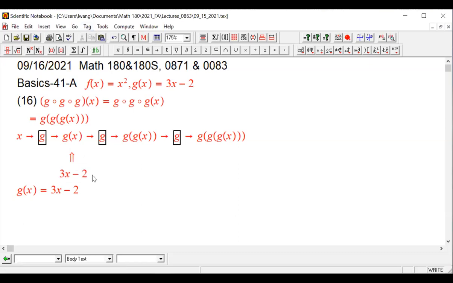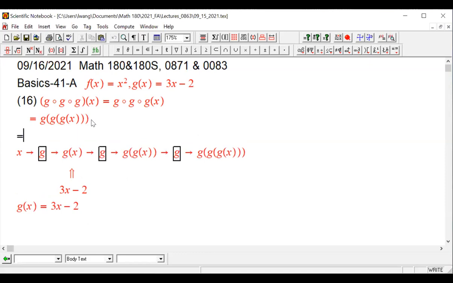Now 3x minus 2 is going to be used as input for G. So when we get to this piece, the mathematical expression would be equal to G of 3x minus 2.